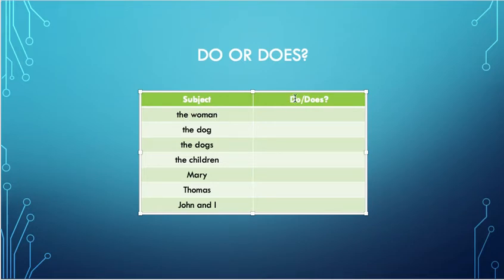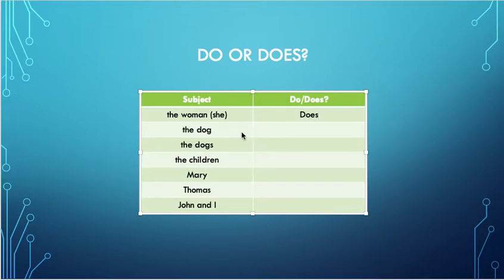So for the woman, is it do or does? If we wanted to use a pronoun, like he or she, for a woman we would say she. So, if the woman is a she, then for she, we use does. Okay?